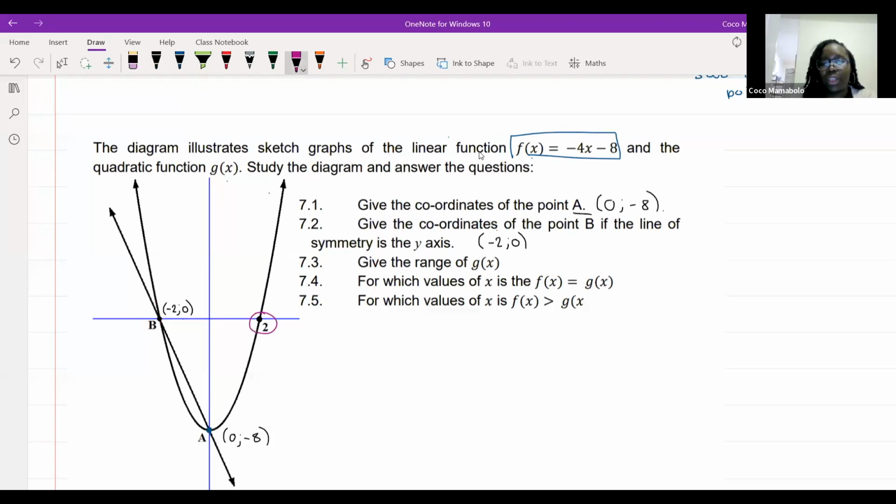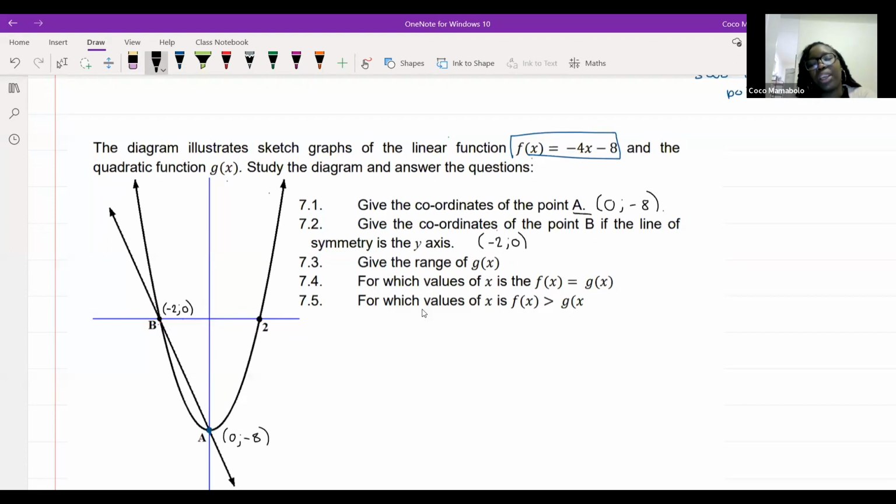What they're telling us is that this distance is 2 away from the y-axis, and the y-axis is the line of symmetry, which means if this part is 2, this part is also 2 away. Our range is our y values, guys.